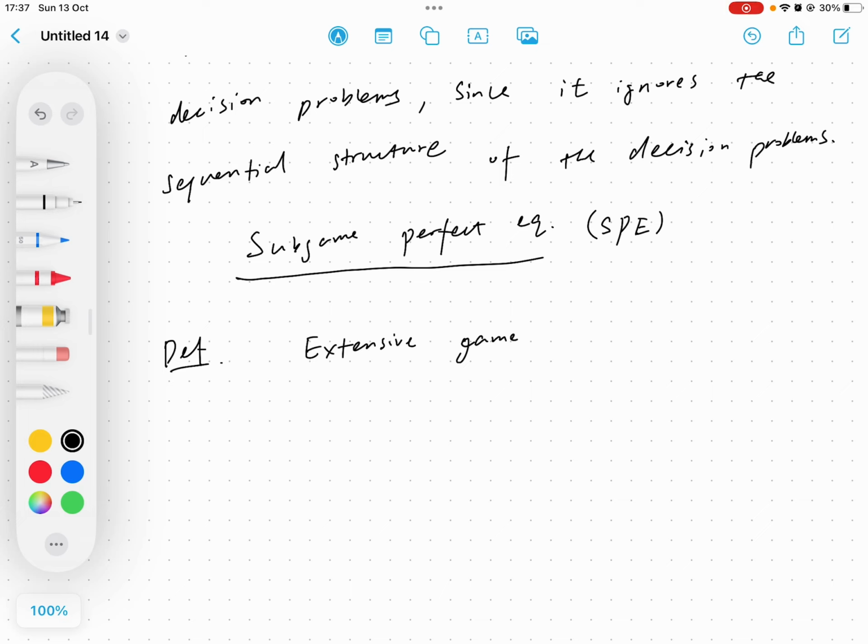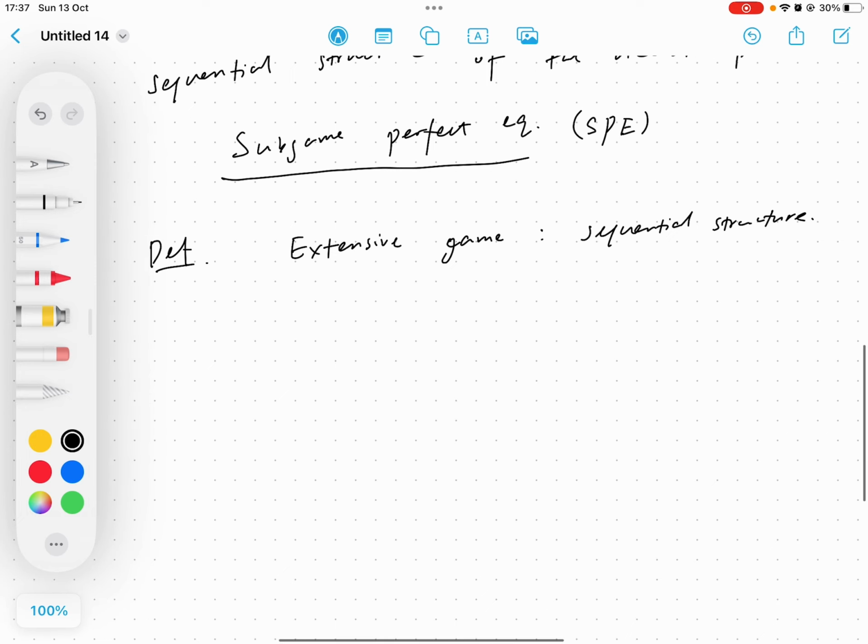The extensive game is a detailed description of the sequential structure of the decision problems encountered by the players in a strategic situation. Simply, it has a sequential structure of who moves first, who moves second, and so on, right?